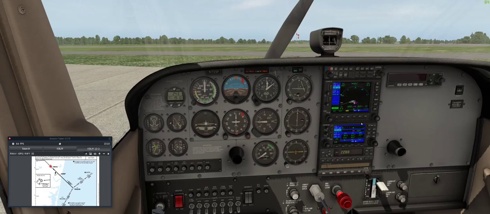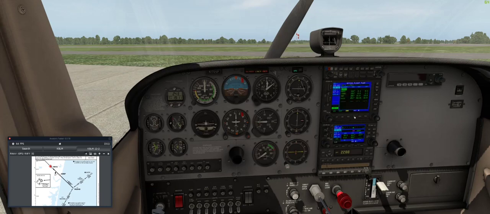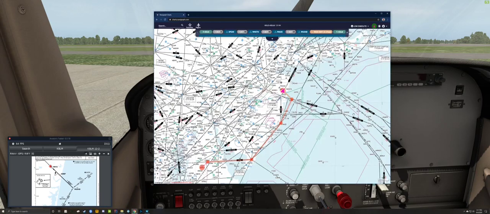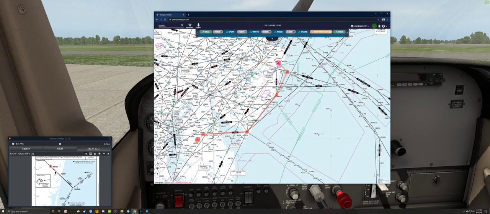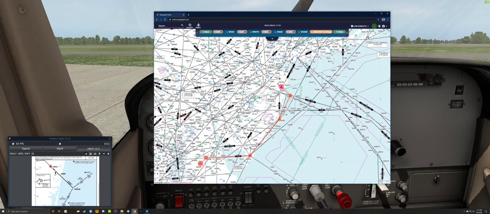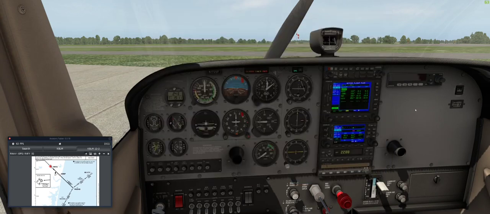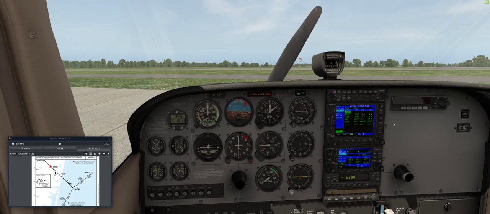We made a mistake by not selecting our approach procedure early enough, and I made a mistake and dumped the entire flight plan, and we had to abort and come around again.